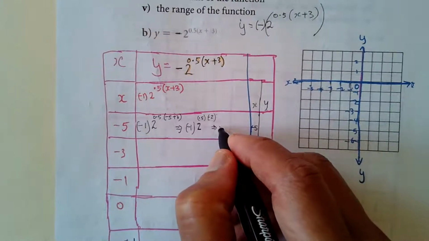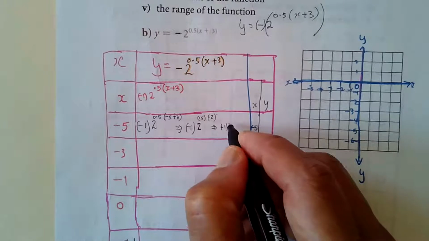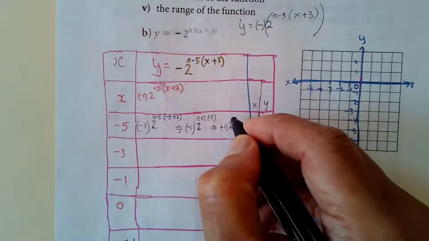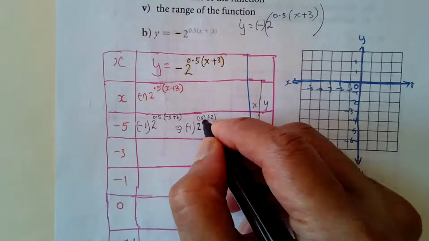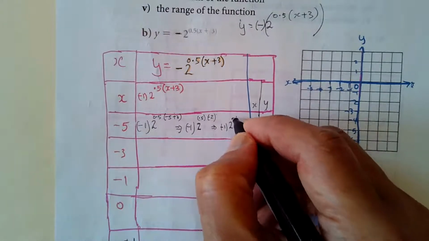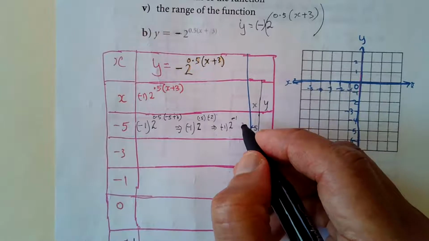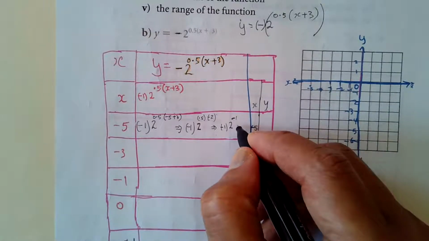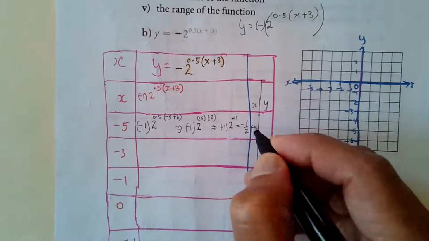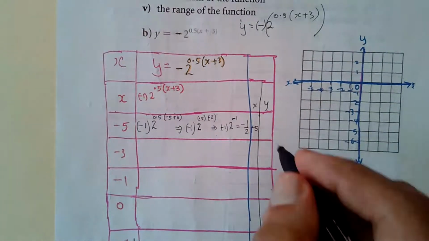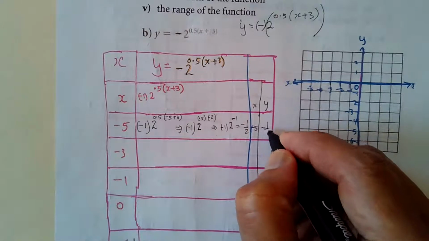This gives me -1 times 2 to the -2, which is -1 times 0.5, because 2 to the -2 is 0.5. That works out to be -0.5. So this is -0.5 here.